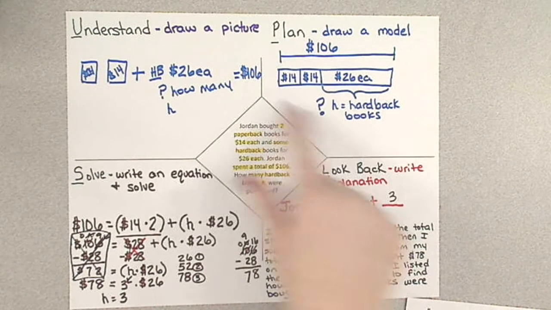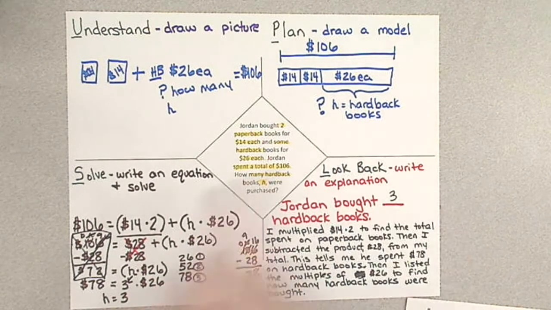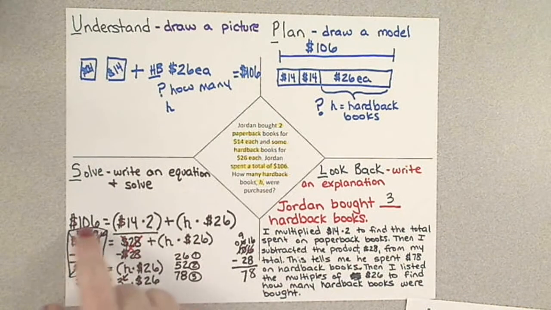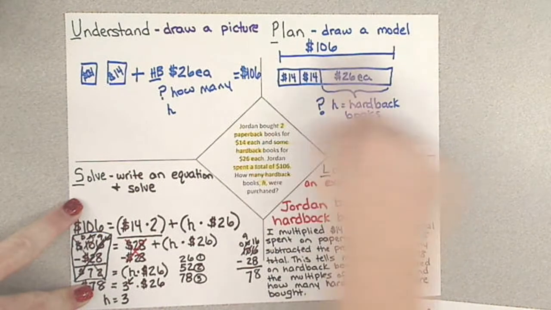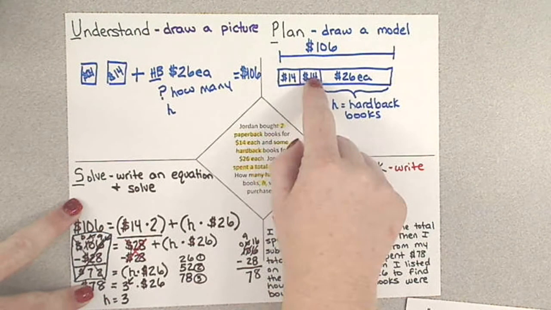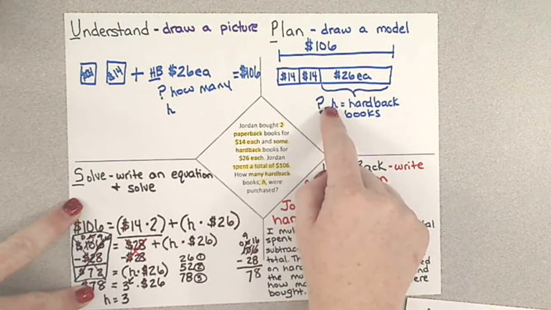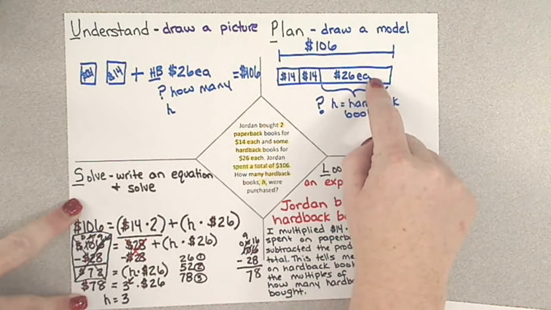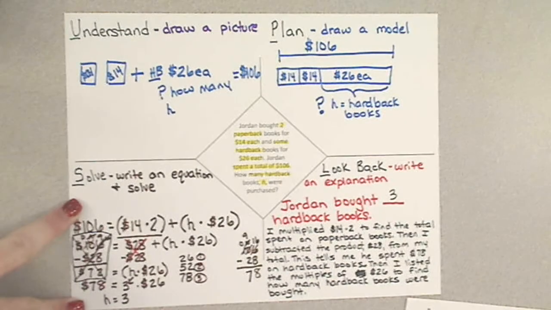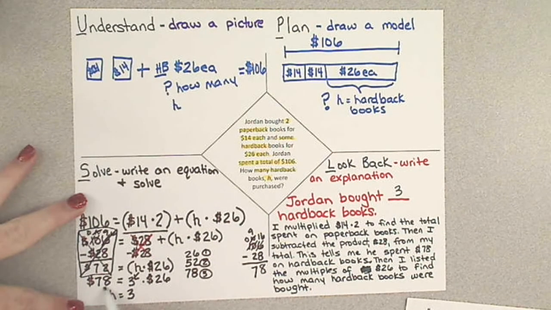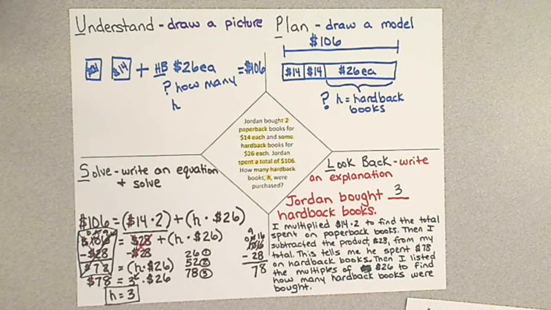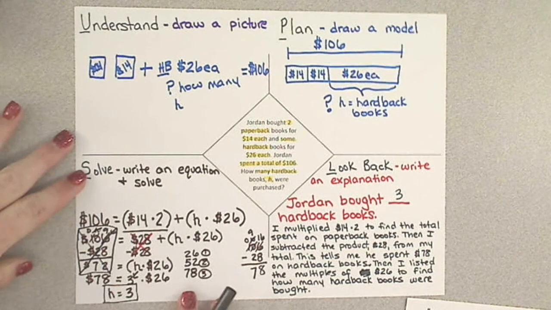We planned it by drawing a model. We then solved by writing an equation that 106 equaled 14 times 2 and H times 26 each. And then we solved to determine that H, the number of hardback books purchased, equaled 3.